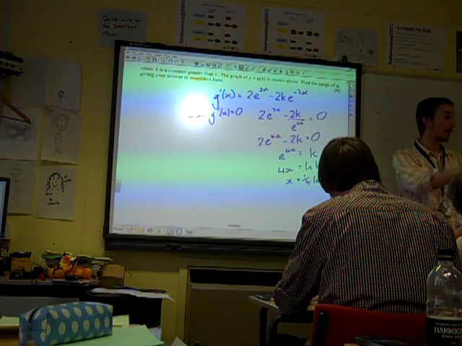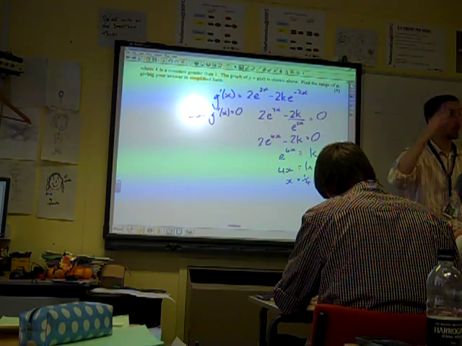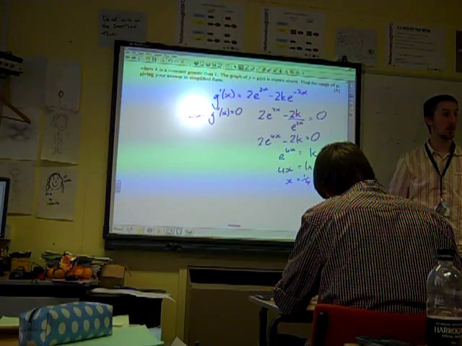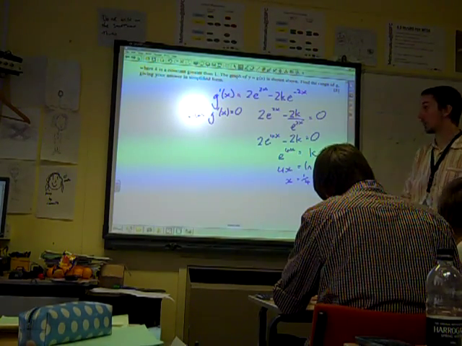And the range, that's about the set of y values, isn't it? So what do we have to do with this x value? Put it back into the function to get the y values.